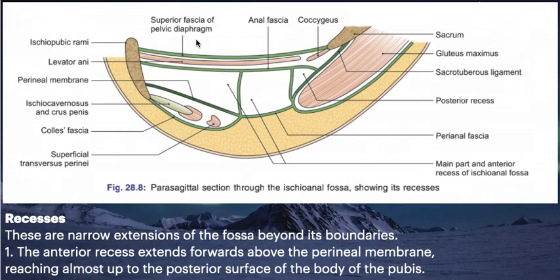So coming to the recesses or spaces, this is the parasagittal section through the ischioanal fossa showing its recesses. The recesses are extensions of the particular space beyond its boundaries.